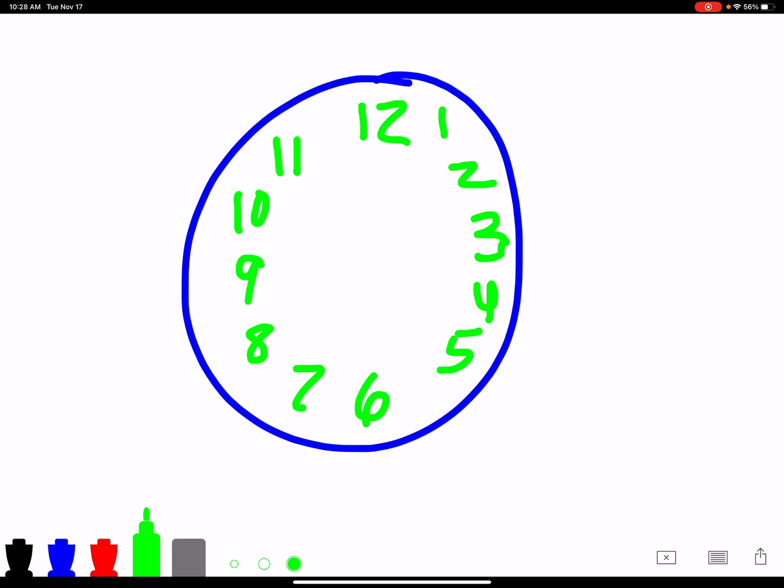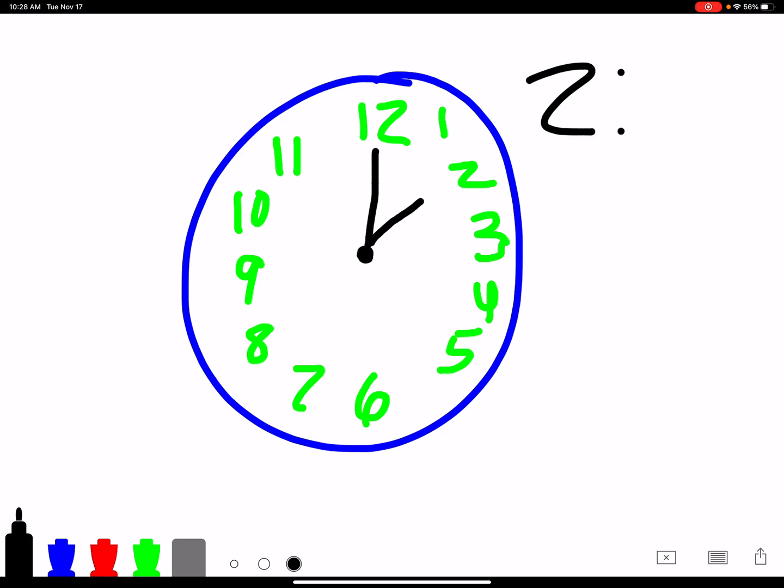I'm sorry, Miss Schultz is not an artist. And you see a small hand, and then you see a big hand. The small hand means the hour, like what hour is it? If you look at the small hand, it's pointed to the 2. So it is 2, and then you see the 2 dots.